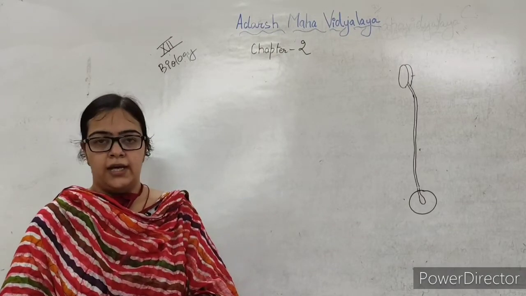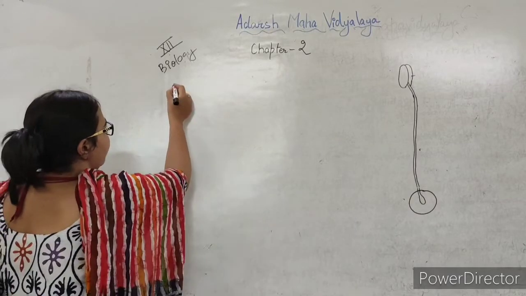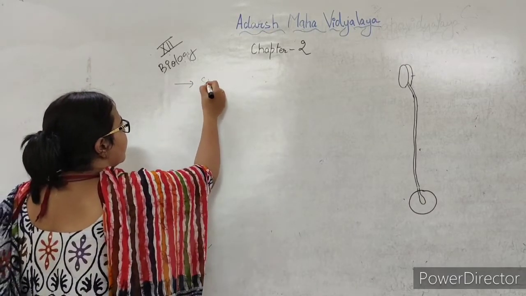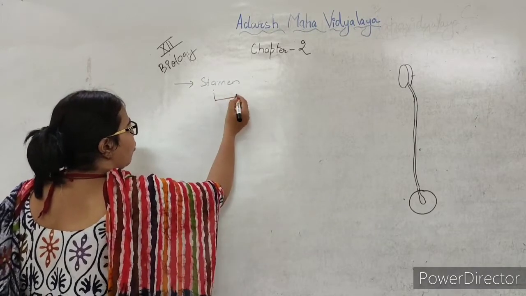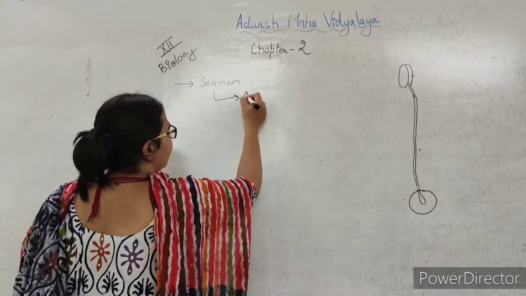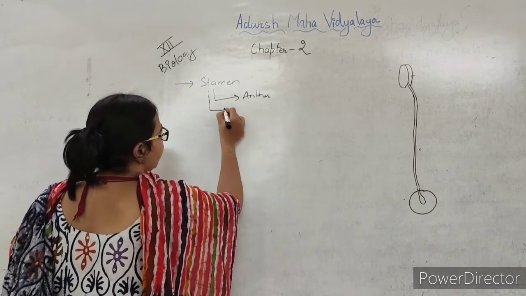Now a typical stamen consists of two parts. One is anther and the other one is filament.